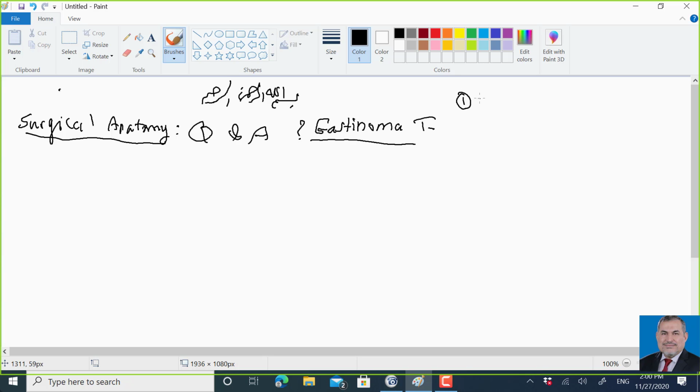Answer first: the third portion of duodenum. Second: porta hepatis.